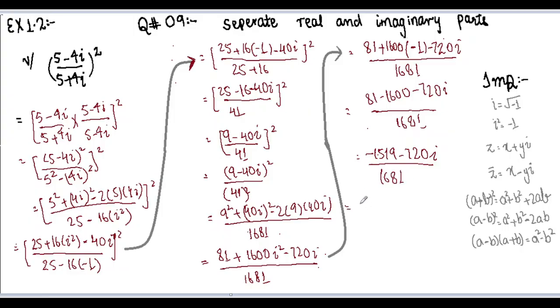Separating the real and imaginary parts, we get minus 1519 divided by 1681 minus 720 divided by 1681 iota. So this is our answer.